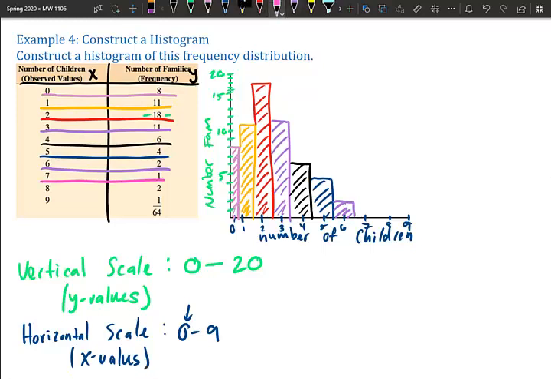One family had 7 children. Two families had 8 children. And then last, we had 9 children, 1 family. There we go. There is our histogram, our bar chart.